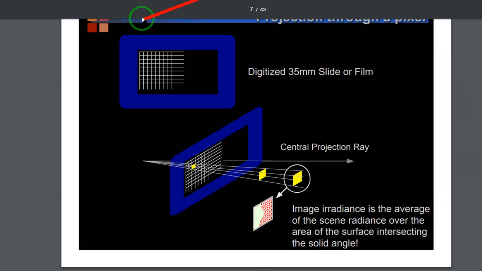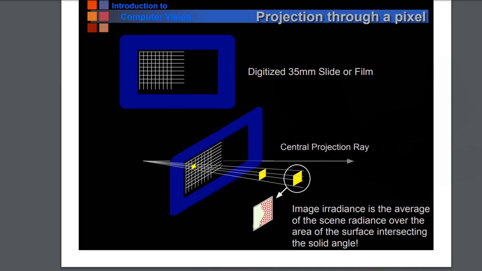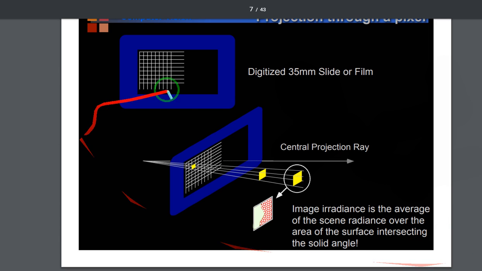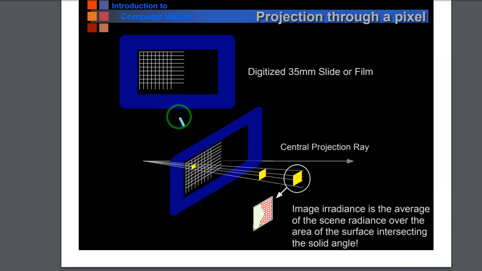Now if you look at this example, we have a projection through a pixel. If we have a digitized film or slide of 35 millimeters, a ray or signal of light can be transferred from this film, and after passing it you can see an image.